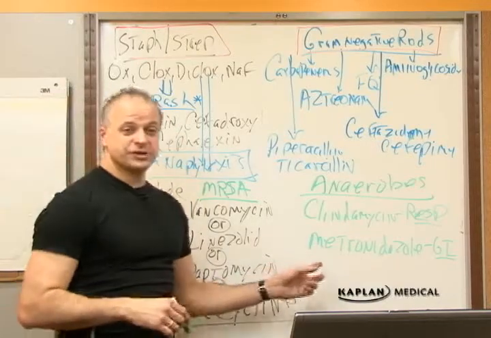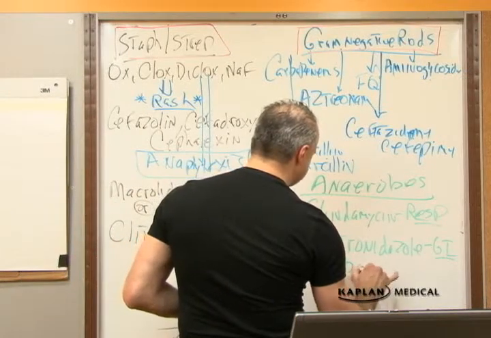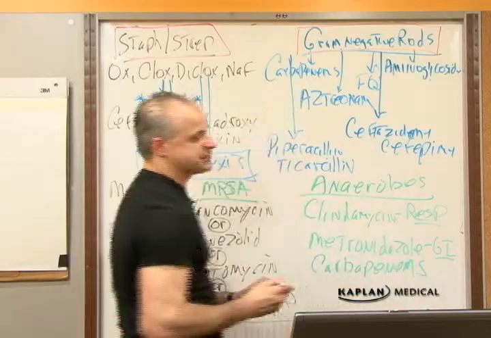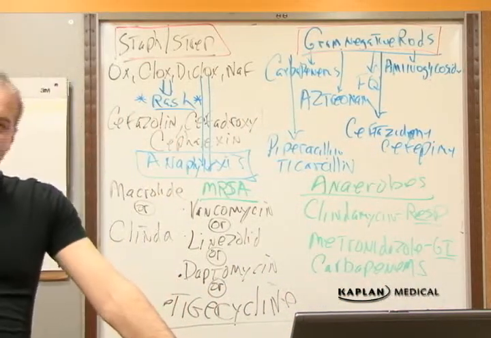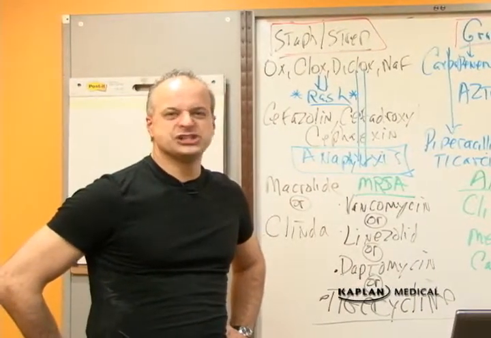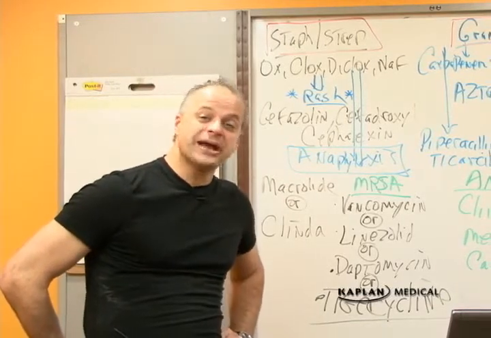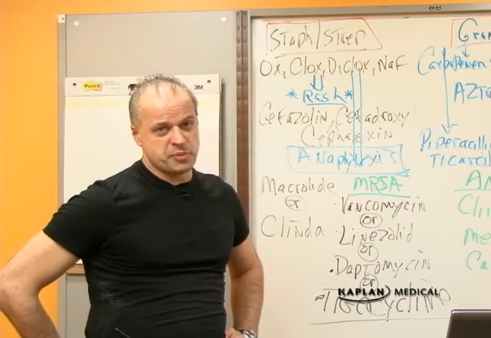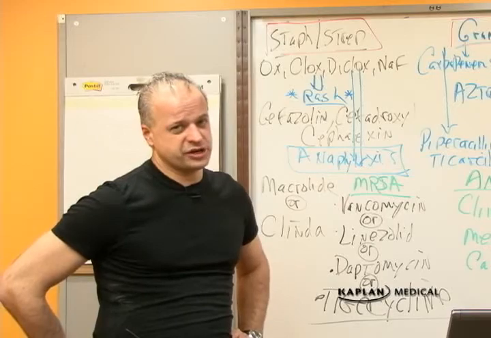Now the other anaerobic drugs that are good: carbapenems are also good for anaerobes. Let me make a little point about our introduction to antibiotics. The way that I divide these things up for you is not microbiologically the truth. It's how you use these drugs. A microbiologist could say carbapenems cover strep viridans and can be used for viridans endocarditis.